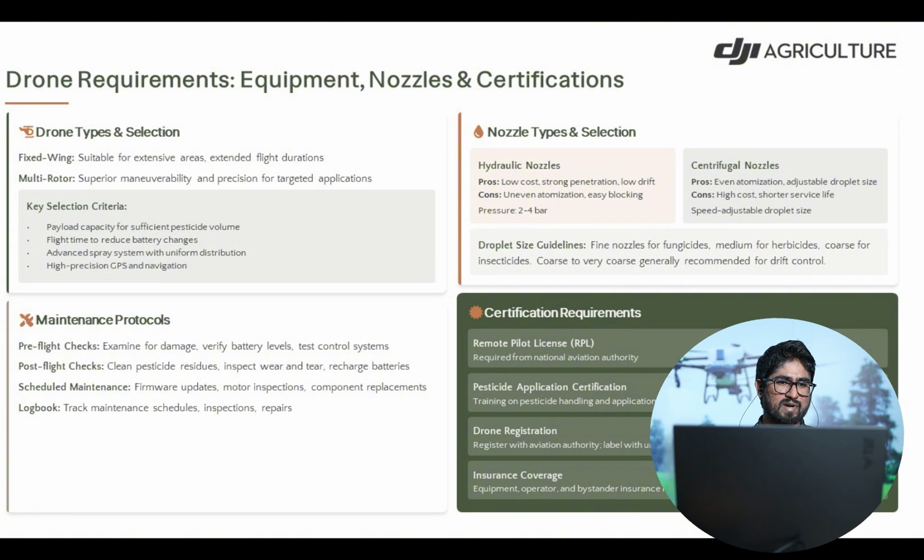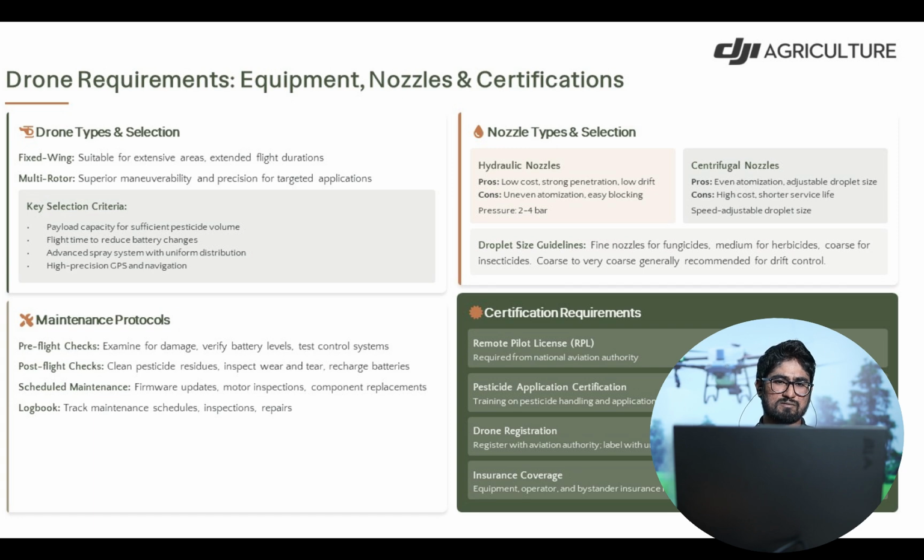We must follow maintenance protocols. Before flying, we must follow pre-flight checks: examine for any damage, visible or software-wise, verify battery levels, and test control systems. After the flight, we must clean pesticide residues, inspect wear and tear, and recharge batteries.